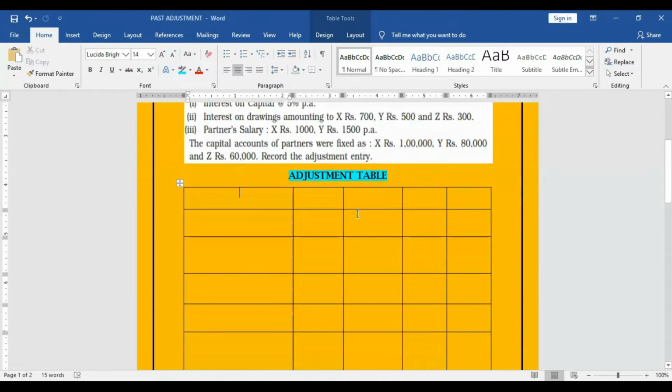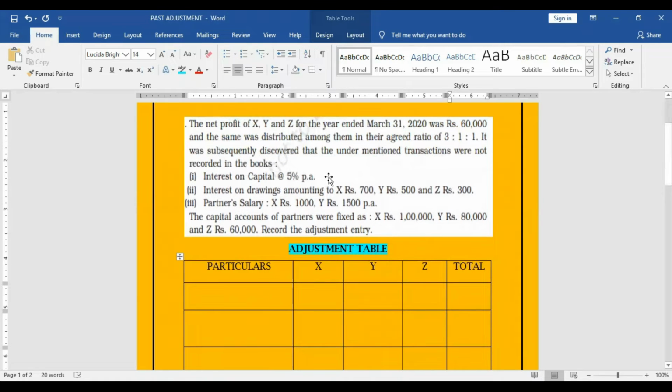This is the adjustment table, where the columns are particulars, then the partner names X, Y, Z, and the final column is total. Interest on capital at 5% omitted.